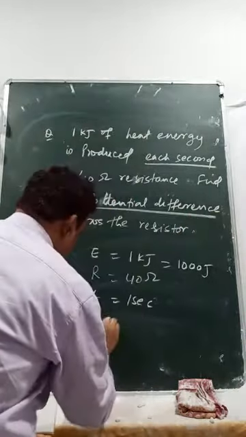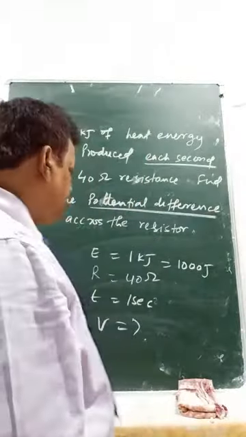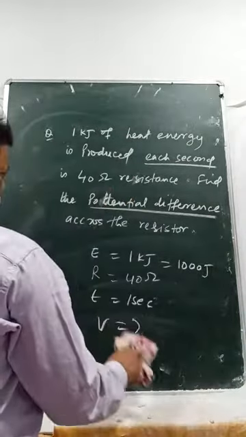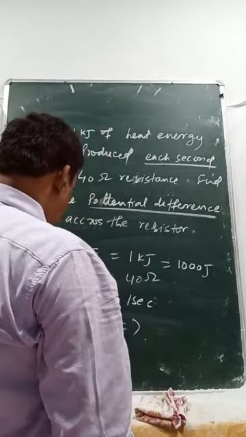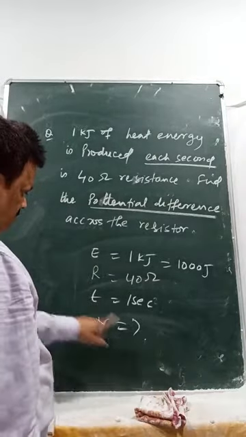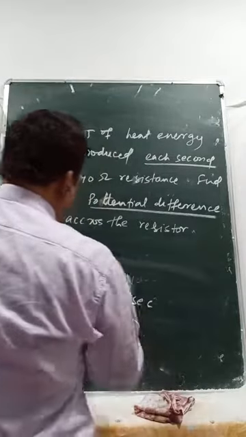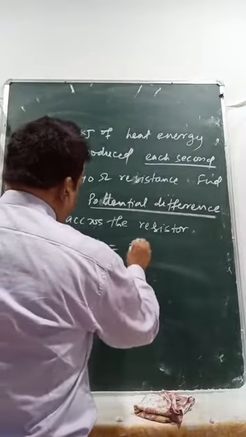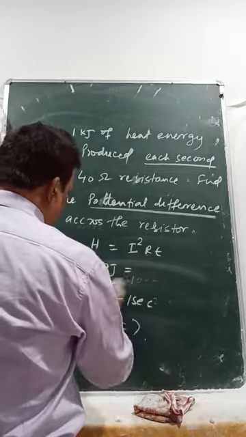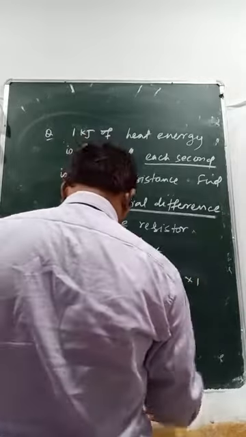Potential difference means volt, you find out V. So first you write heat equals I square RT. From there it will come out. So heat energy equals I square RT. 1000 joule equals I square into 40 into 1.